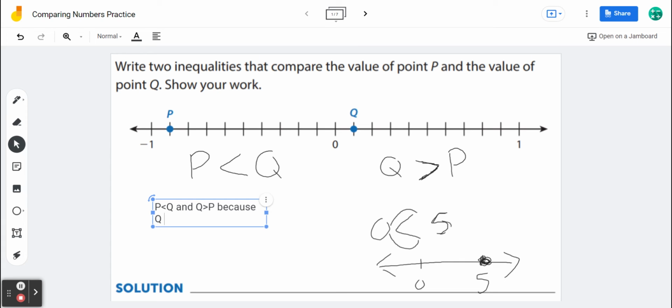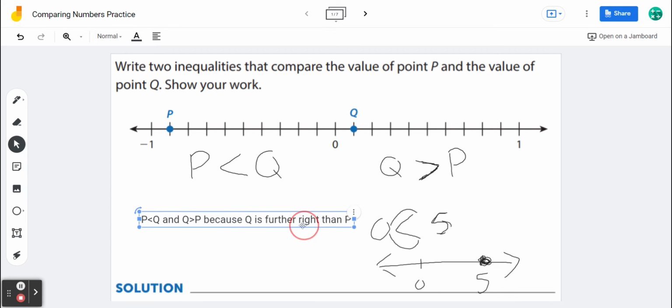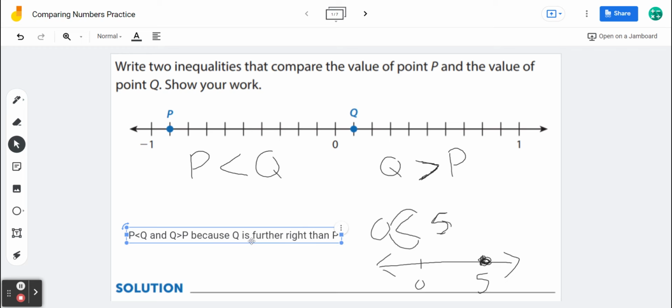Because Q is further right than P. And that's how I'm going to describe my work. I know that these two inequalities are true because Q is further right than P.